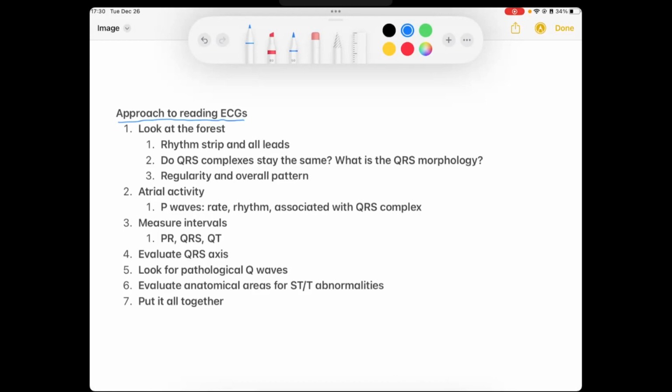So the first thing I do is I always say, and you'll see in my videos, I say, look at the forest. So what that means is the forest is the EKG, and the trees are the QRSs. And so what I'm doing is I'm looking for the regularity.